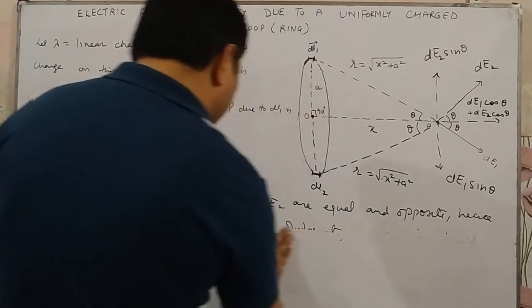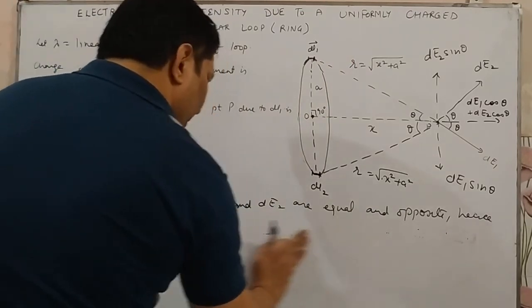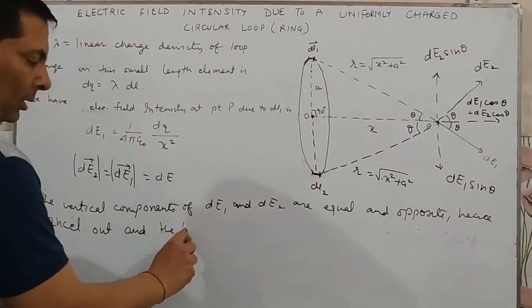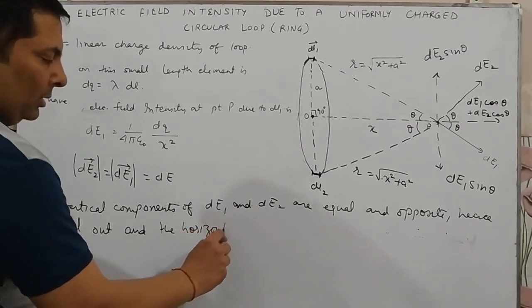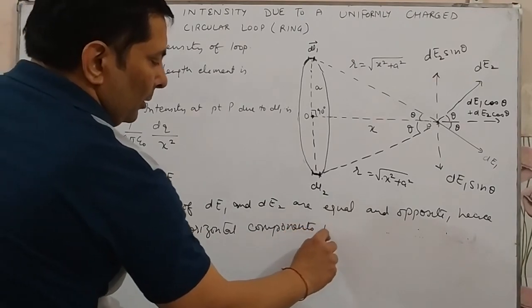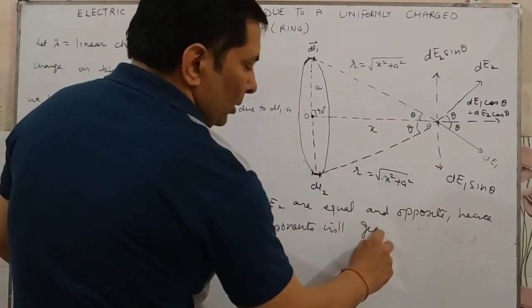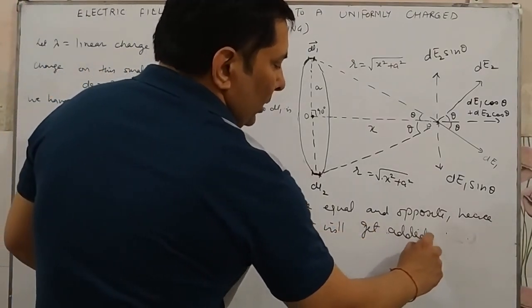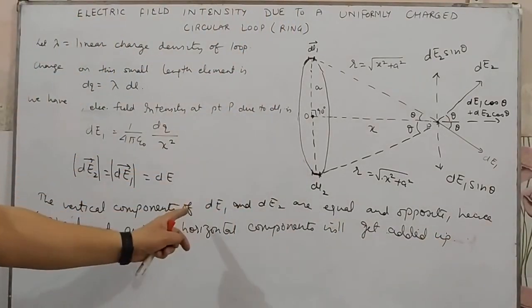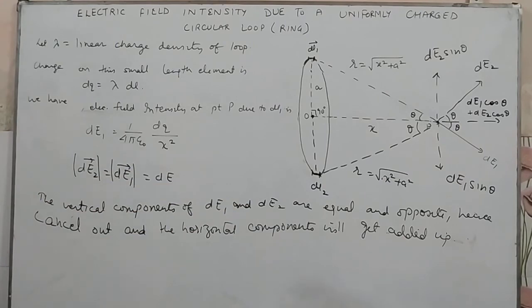Basically, you can say the horizontal components will get added up. Okay. So vertical components dE1 and dE2 are equal and opposite and cancel out, and the horizontal components will get added up because they are in the same direction.